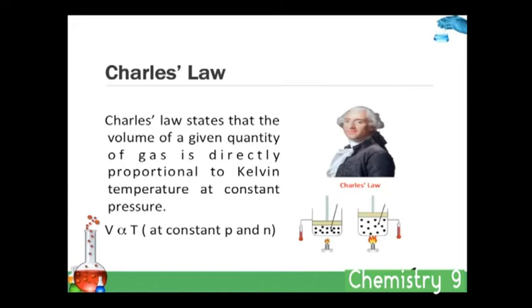In the first case, on the left, the sample is at a certain temperature and takes up a certain volume. When the temperature increases, the volume increases. The variables here are volume 1, temperature 1, volume 2, and temperature 2.